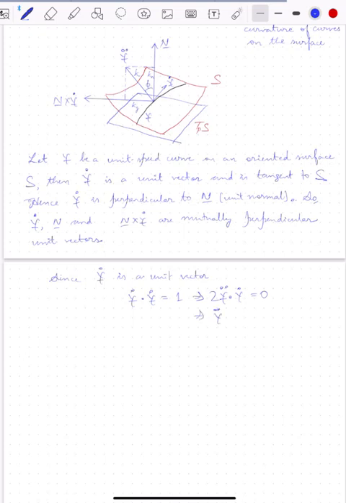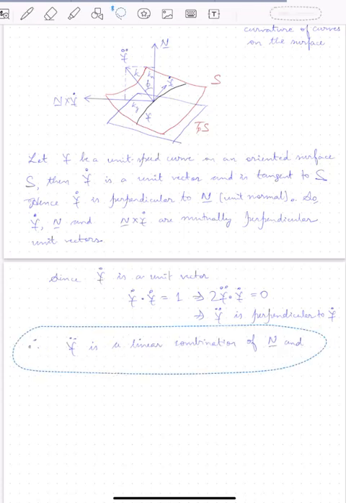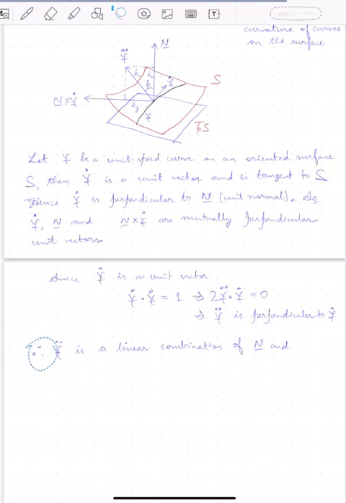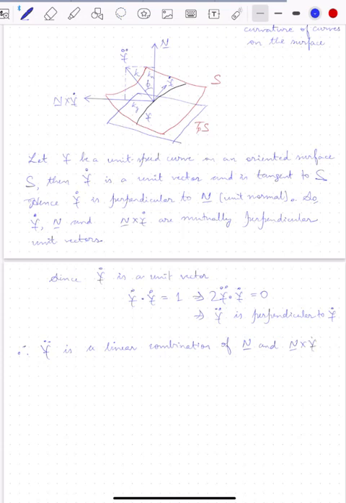So this means that gamma double dot is also perpendicular to gamma dot, which means that gamma double dot is a linear combination of n vector and n cross gamma dot vector.